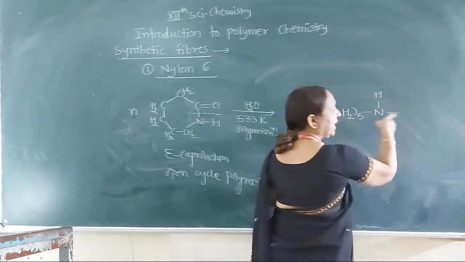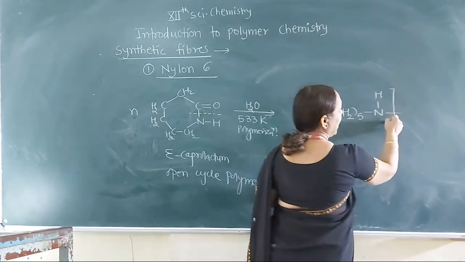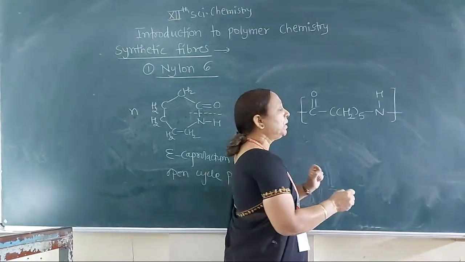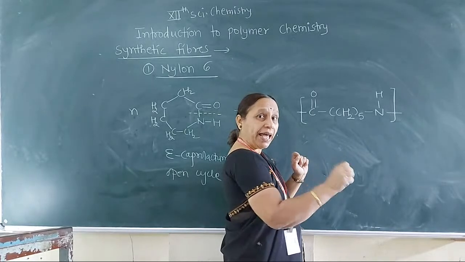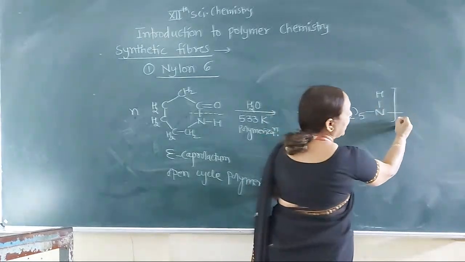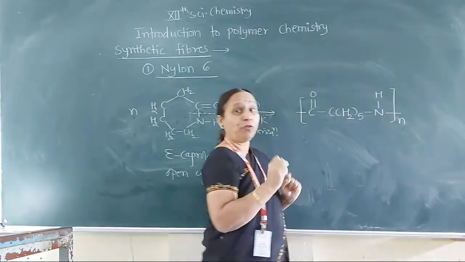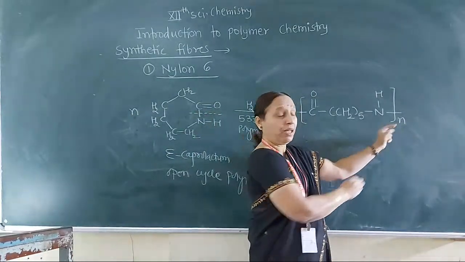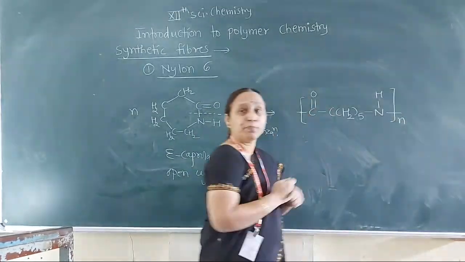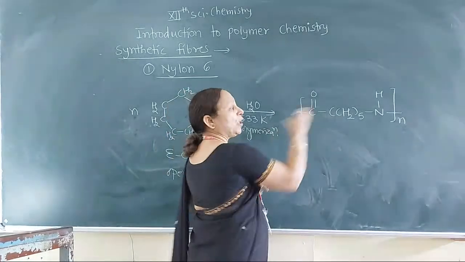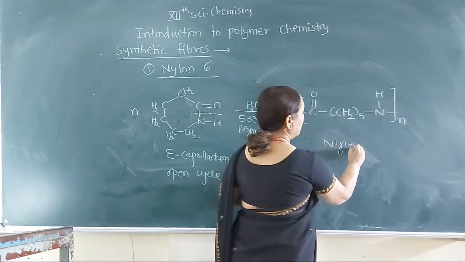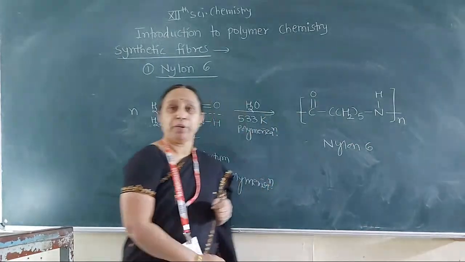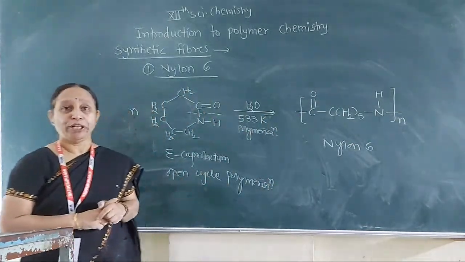There is linking at this side, and thus a polymer is obtained in which we write N on the right side of this molecule. Don't forget to write this N on the right of this molecule. And thus the polymer obtained is nylon 6. This is nylon 6 fiber, nylon 6 polymer.